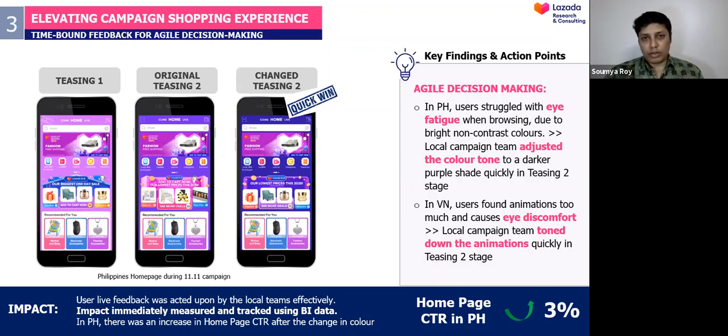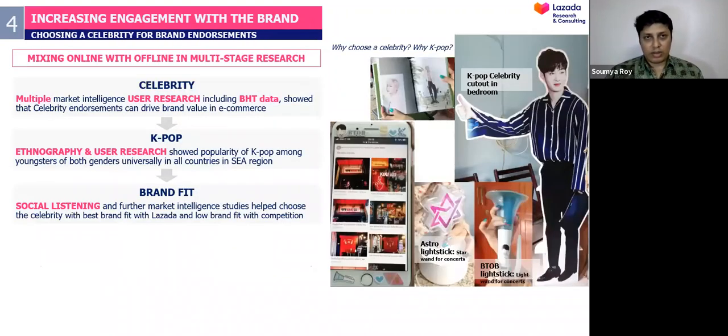So again, like I said, it can be mixed and matched. And then we use famous K-pop stars as brand ambassador, and we regularly check their engagement level with the respondents.